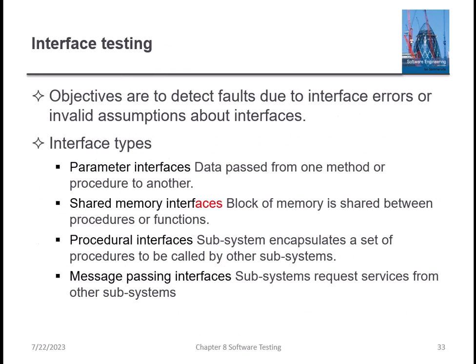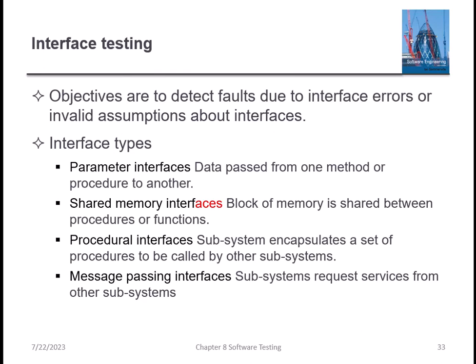Interface testing: objectives are to detect faults due to interface errors or invalid assumptions about the interface. So we can also check the interface types: parameter interfaces, shared memory interfaces, procedure interfaces, and message passing interfaces.